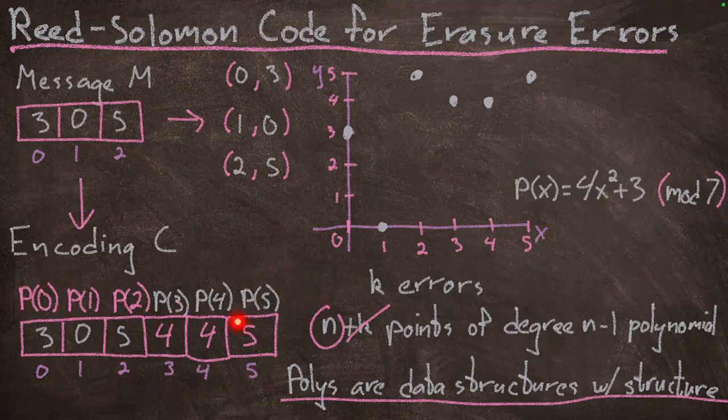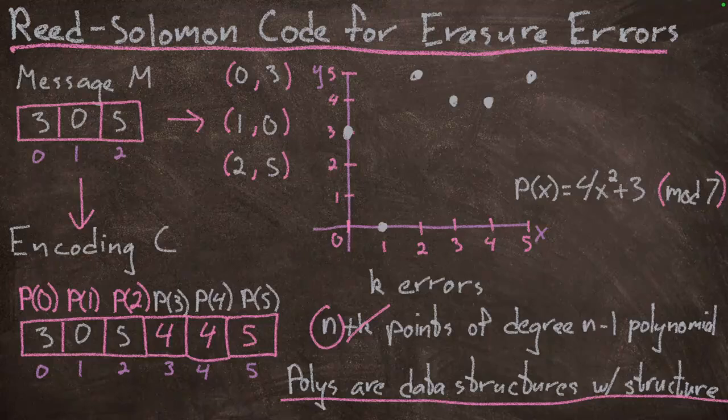It's P of 0, P of 1, P of 2, P of 3, P of 4, P of 5. You have 3 points to be able to derive the polynomial. Yes. So if you only have 2 and then some arbitrary P of 3, you wouldn't be able to do that. So you need 3 points to derive the polynomial.